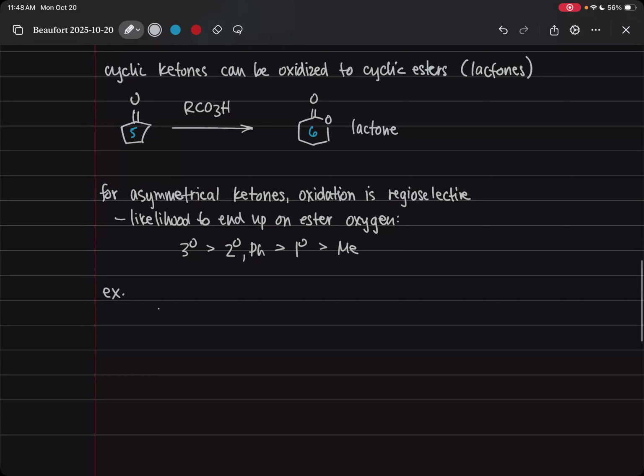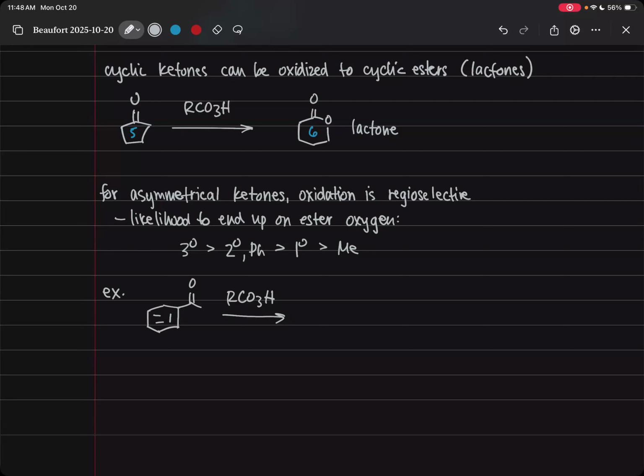So in practice, what does that mean? Well, if we take acetophenone and do a Baeyer-Villiger oxidation, what's going to end up on the ester oxygen? Well, we don't have a tertiary. We don't have a secondary. Well, we have a phenyl group, primary and methyl. Okay, so we've got a phenyl group here and a methyl group here.